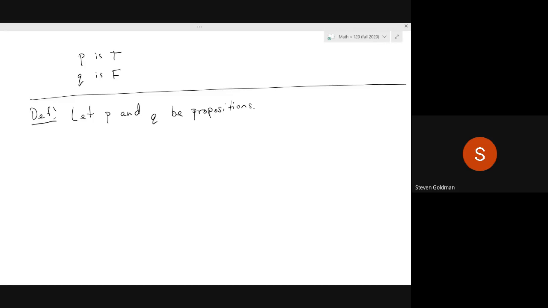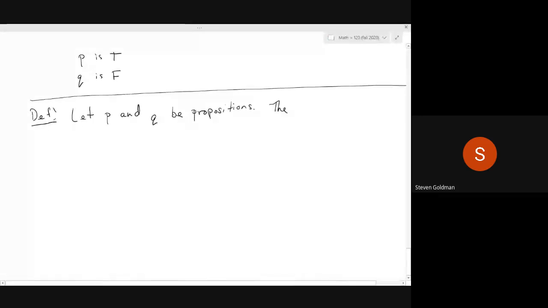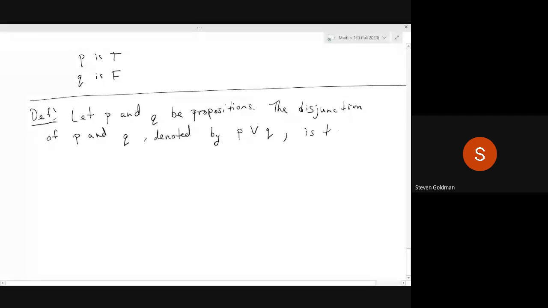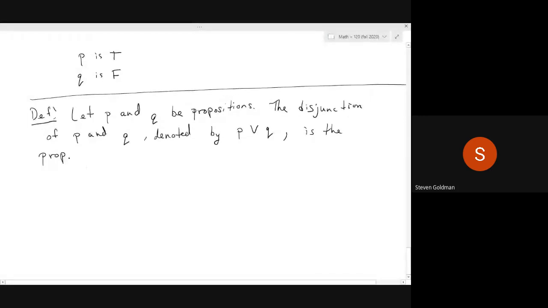So the disjunction of P and Q, denoted by this symbol here, this V symbol represents the word or. That's the disjunction of P or Q. Is the proposition P or Q.